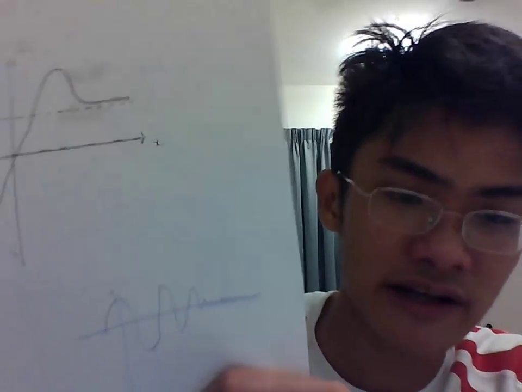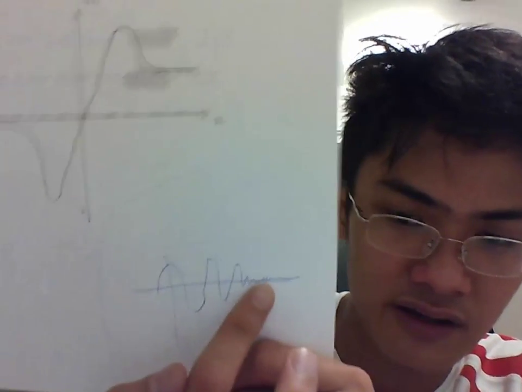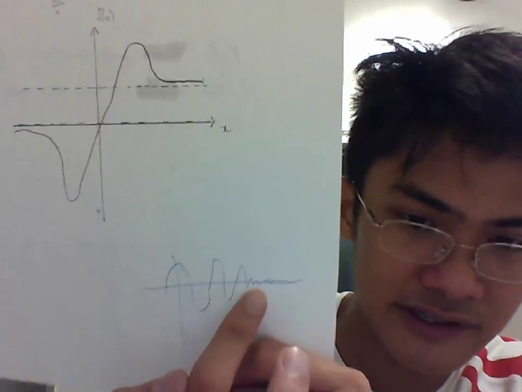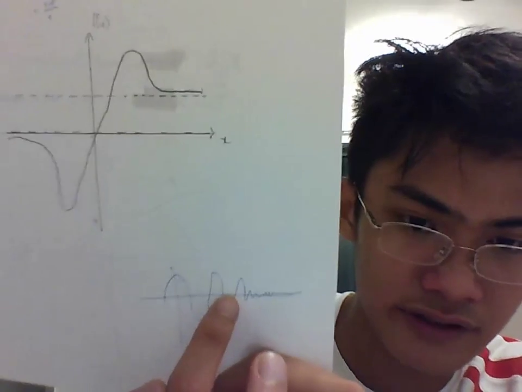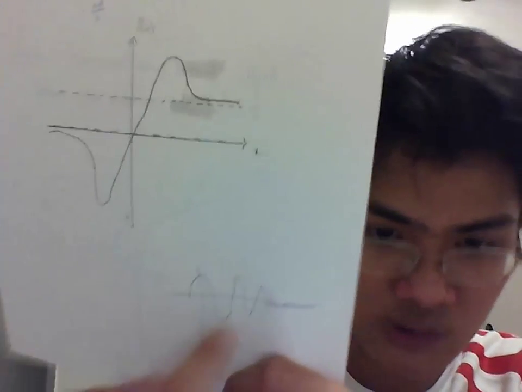Even a function like this, for example, is going to cross multiple times, but as it approaches infinity, the distance between the curve and the line, the asymptote, is going to approach zero. But in between that process, it can cross multiple times. Okay? This is a pretty long video.